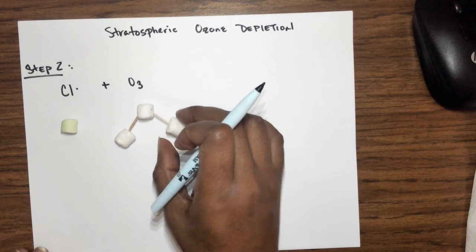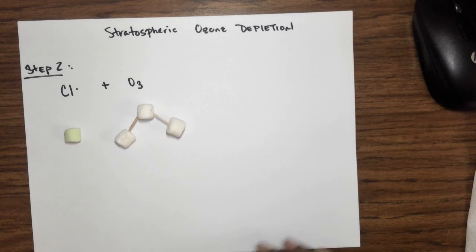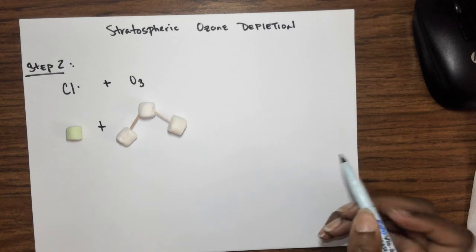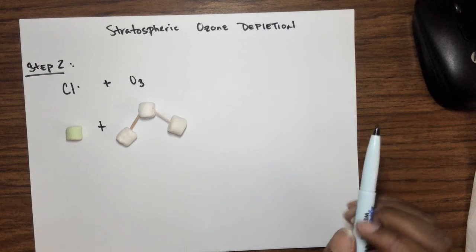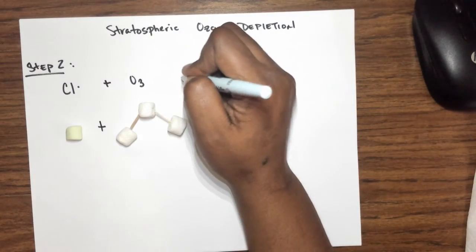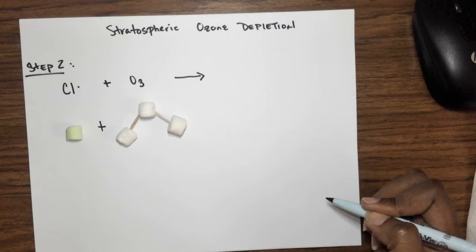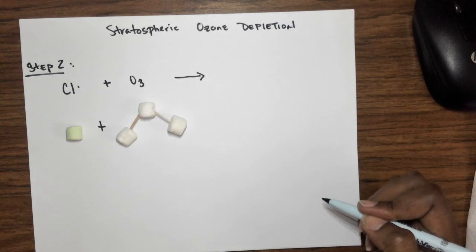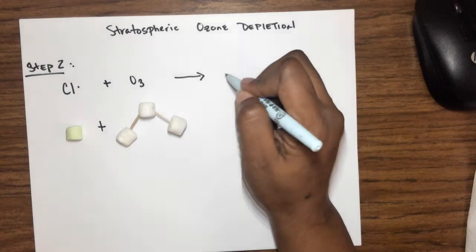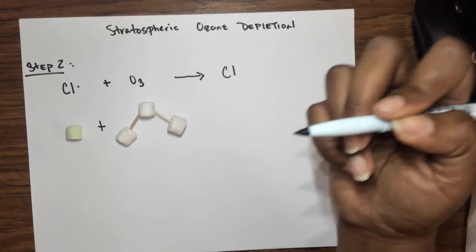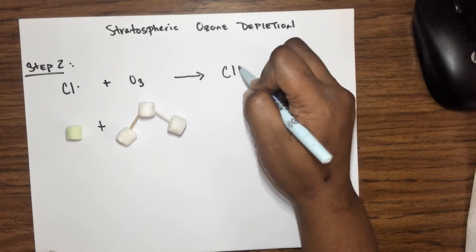But you can make it again if you need to. Okay, so my Cl, my chlorine there, is going to attach itself to my ozone. And it's going to pluck off one of the oxygens. So then I'm going to get chlorine monoxide.